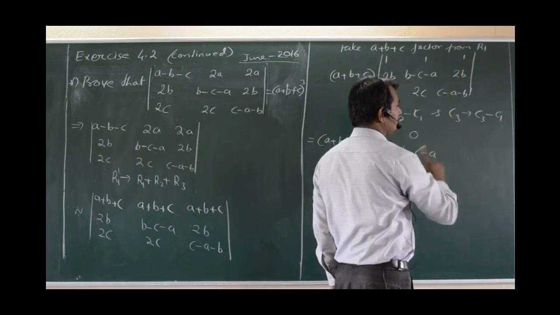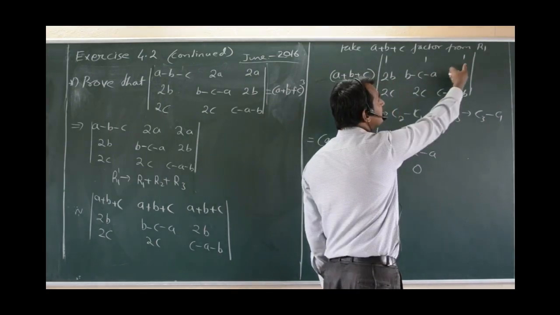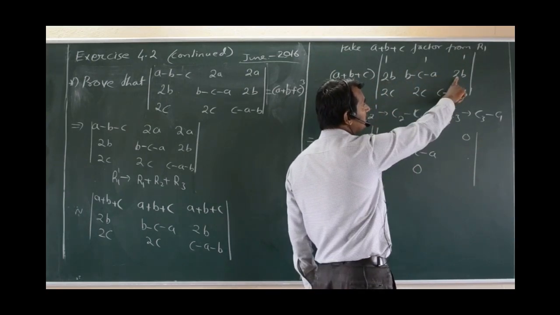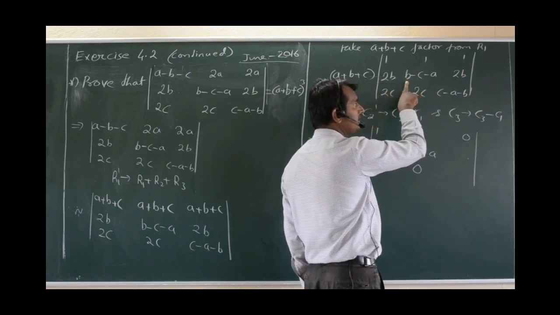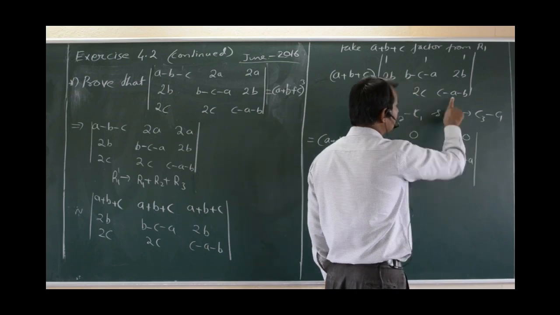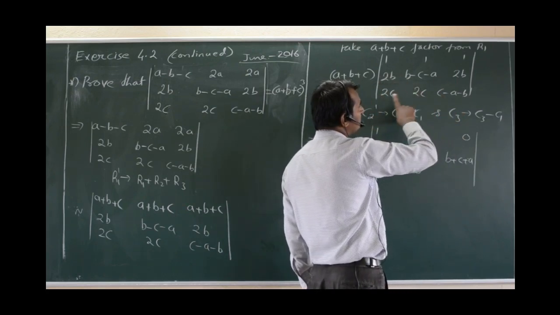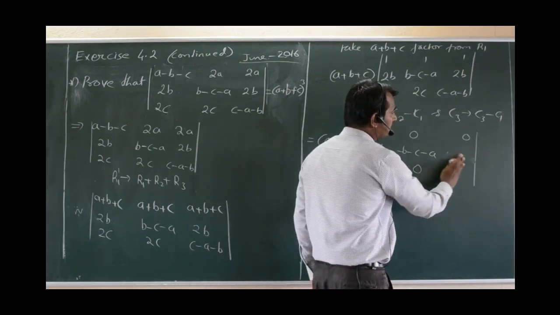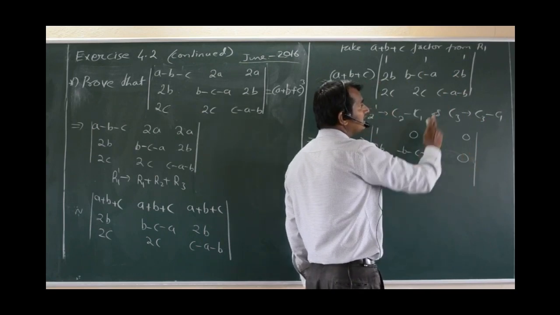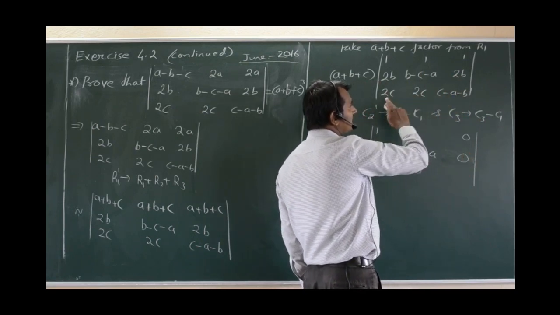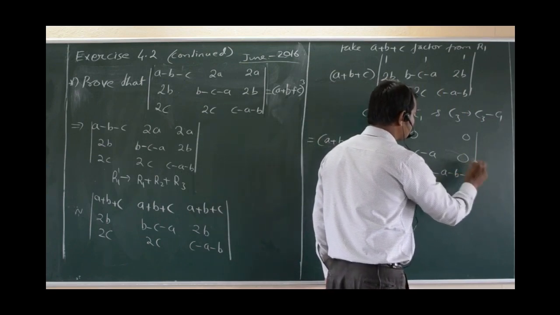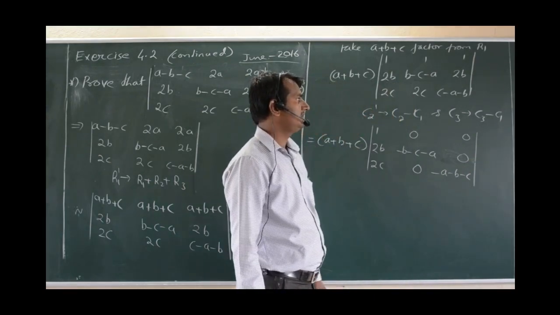Third row: 2b minus 2b is 0, and c minus a minus b minus 2c, that is minus a minus b minus c.